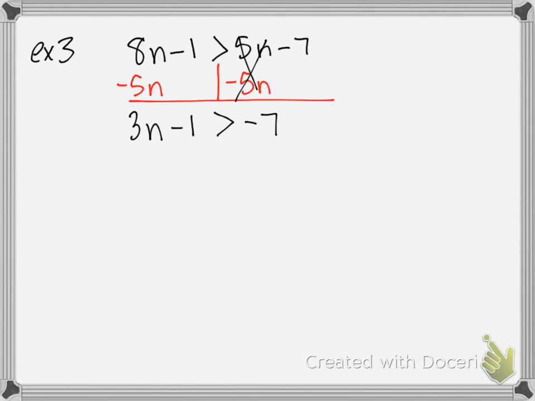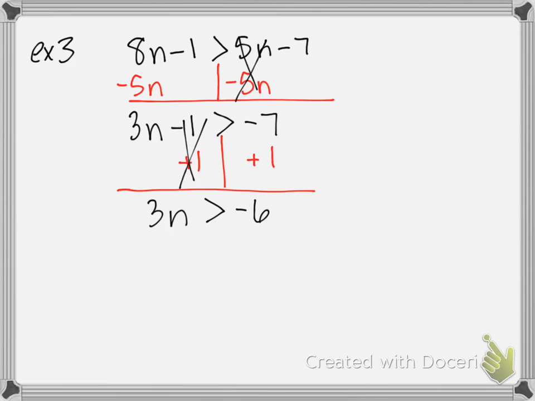Right? Next, we have a plus 1. Move our constant, right? So we would do 3n. This cancels out to a 0. We keep our sign, and then negative 7 plus 1 is going to be a negative 6. And then our last step is going to be to divide by 3. So n is greater than negative 2.